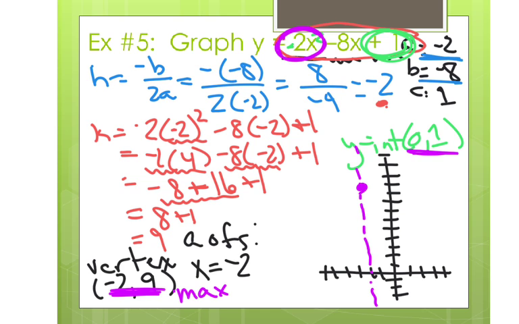Our y-intercept is 0 and positive 1, so 0 and up 1. Notice our y-intercept is 2 spaces to the right from our axis of symmetry. So let's go out 2 spaces to the left from our axis of symmetry, and that will tell us exactly how wide our parabola is. Then we'll connect, and there's our graph.